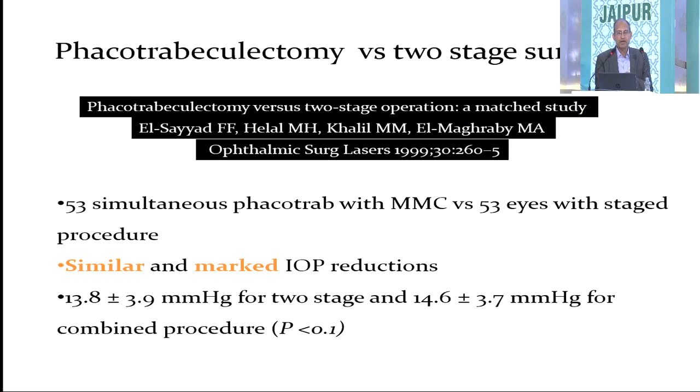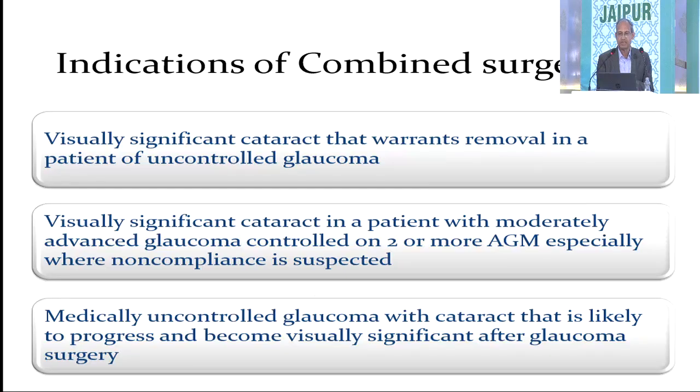Looking at the literature comparing two-stage versus one-stage surgery, in 53 eyes with simultaneous phacotrab with mitomycin C versus 53 eyes with a staged procedure, they found almost similar reduction of intraocular pressure. So primarily it's the surgeon's discretion and sometimes the severity of the disease which decides the type of surgery, whether combined, standalone or sequential.